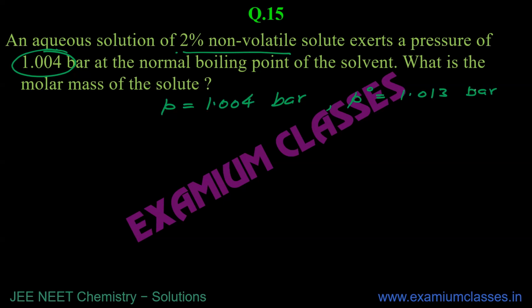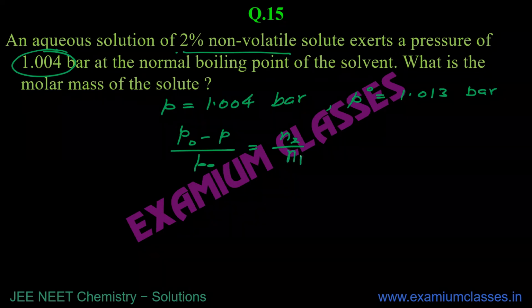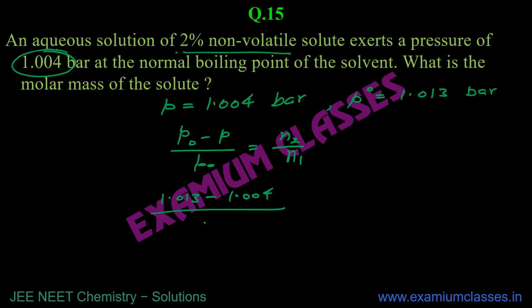Relative lowering in vapor pressure is (P naught minus P) divided by P naught equals N2 by N1. Do you remember that? Just substitute the values. (1.013 minus 1.004) divided by 1.013 equals N2 by N1.